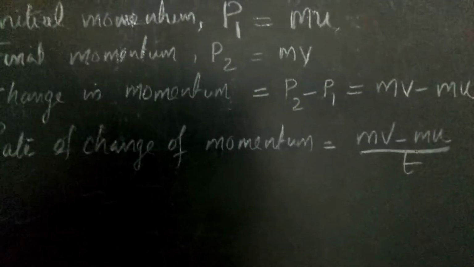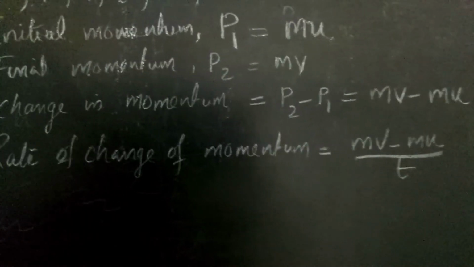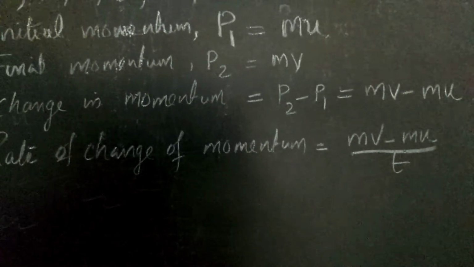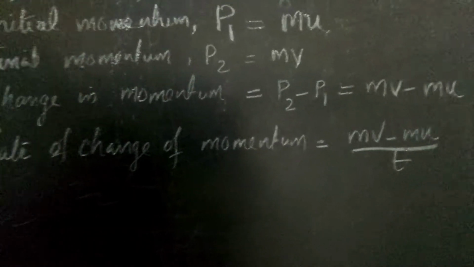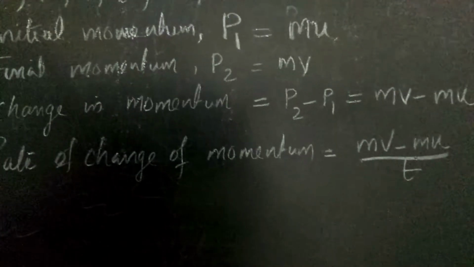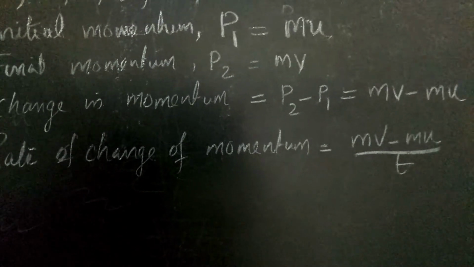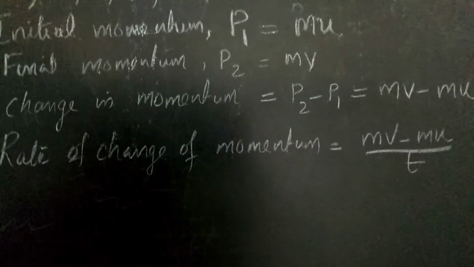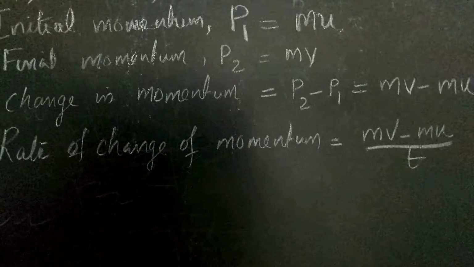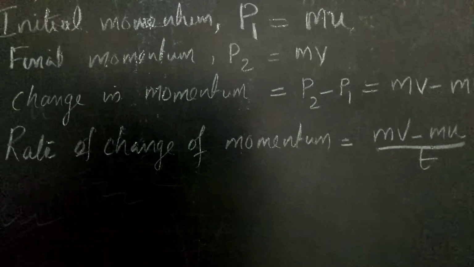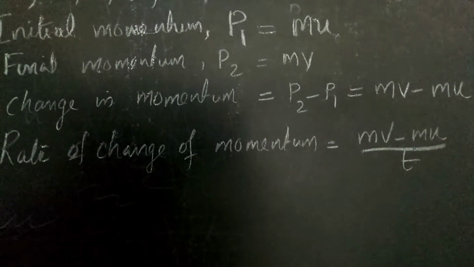Here, the rate of change of momentum means the change in momentum, mv minus mu, in time t. That means the change in momentum per second.